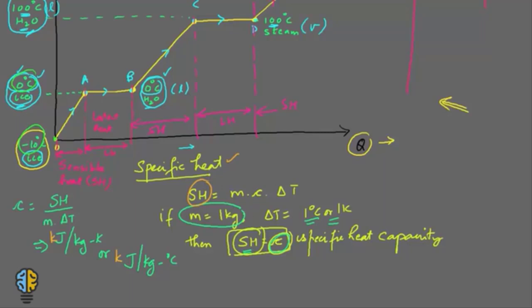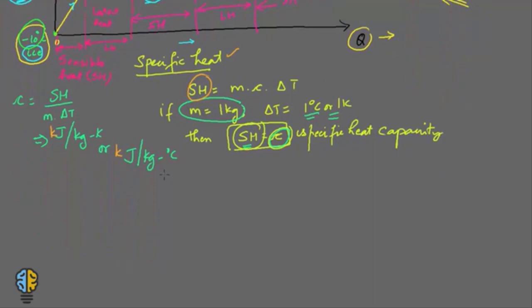Now, after specific heat, let's talk about the latent heat. Latent heat, LH, is not connected to temperature change but only state change. So this is given as M into capital L. Now this value L is known as the latent heat capacity.